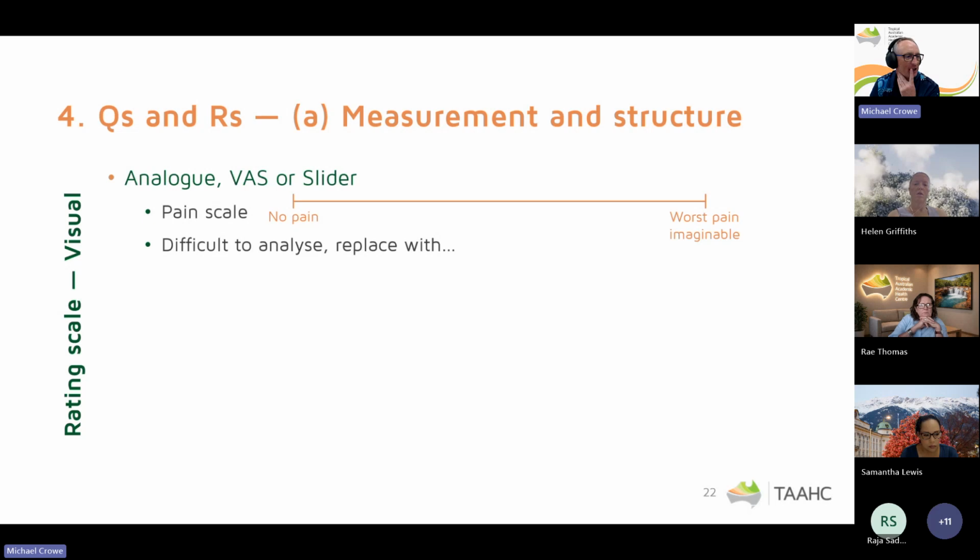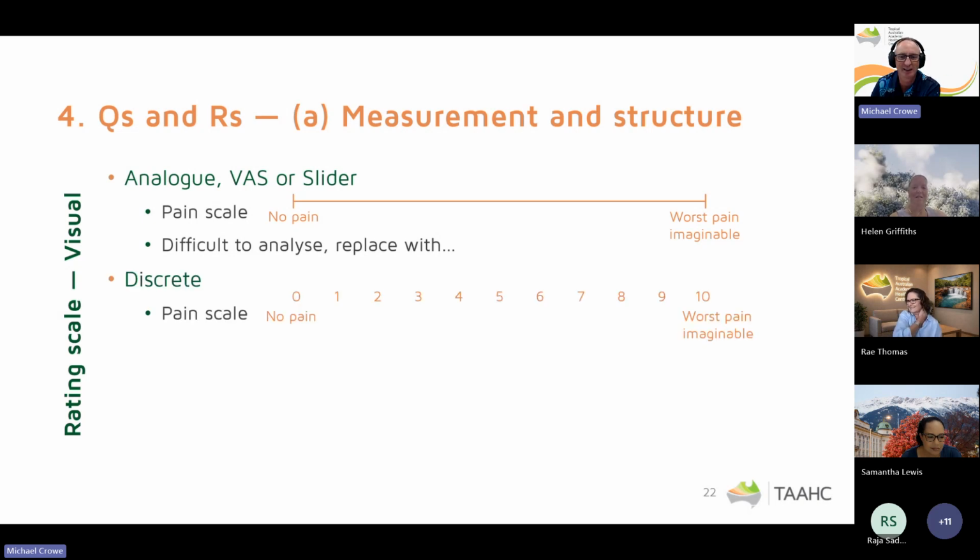Then you get visual scales, visual rating scales. Everyone loves a good VAS, visual analog scale. Don't use a visual analog scale in your questionnaire. It's almost impossible to analyze. And if it's on a piece of paper, you have to take out a measuring tape and all sorts of crap. It's just ridiculous. So don't use it.